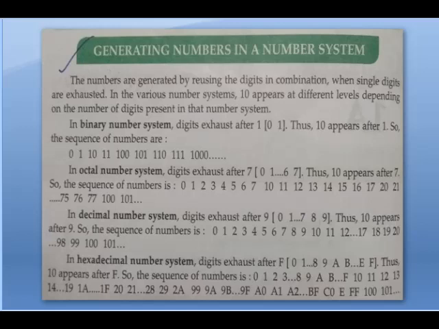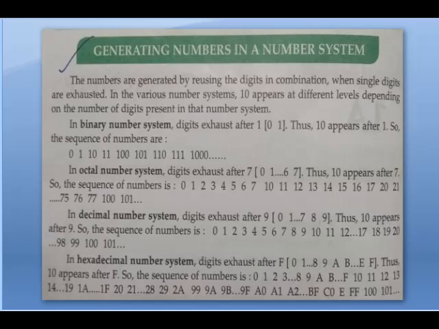Then in the octal number system, we use the digits 0 to 7. When 7 is over, we cannot use the digits 8 and 9 in this octal number system. So 0 to 7. After that, the next number is 10.